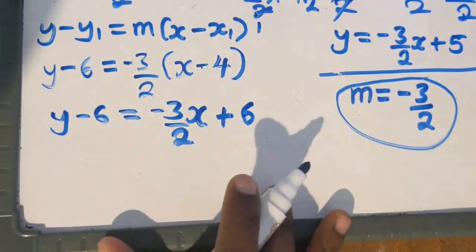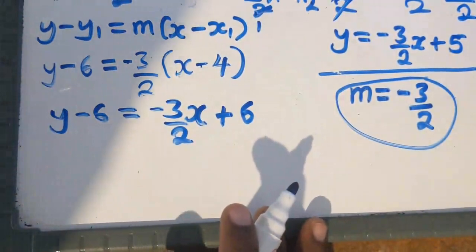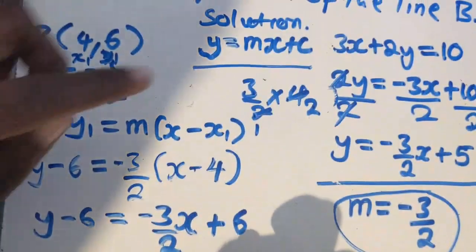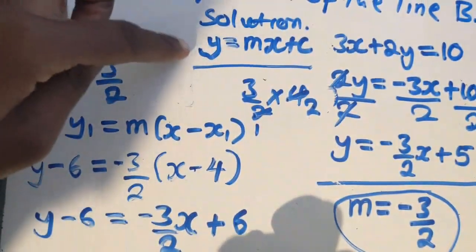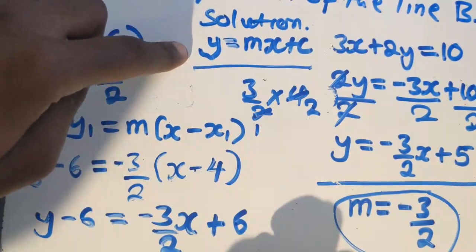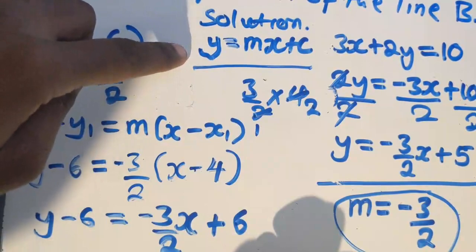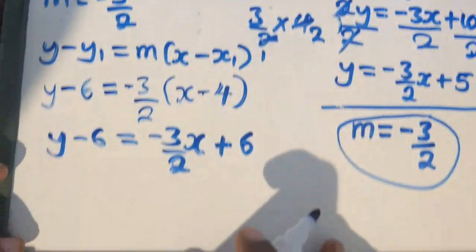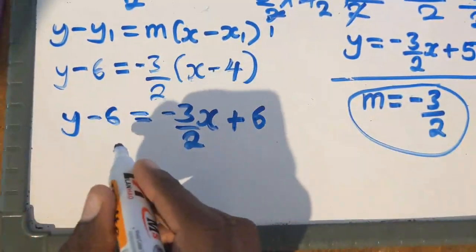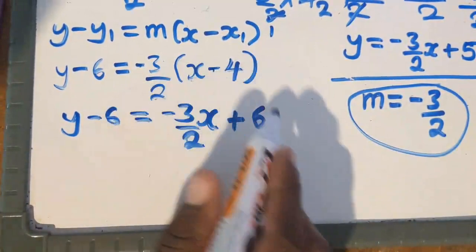From here, you know the standard equation is this one, so you need to make the equation standard. y has to be the subject of the formula, so y has to remain alone. When you are making y the subject, the 6 goes to this side.